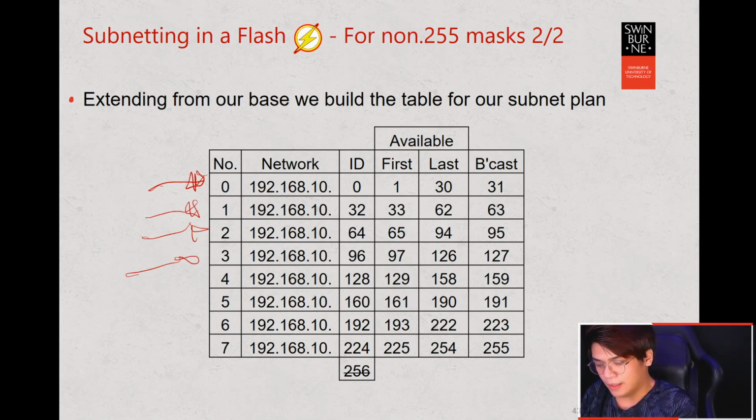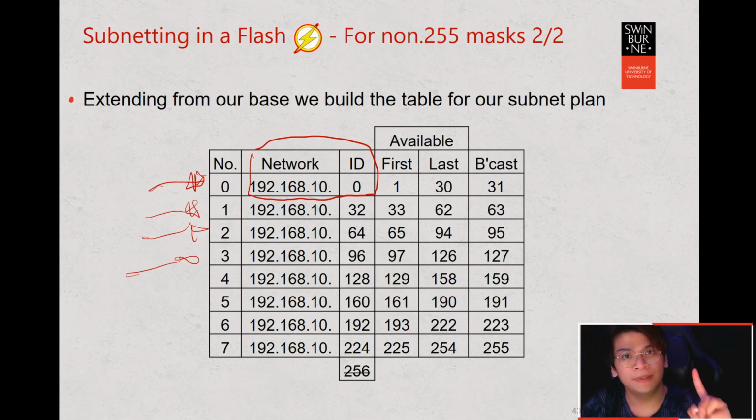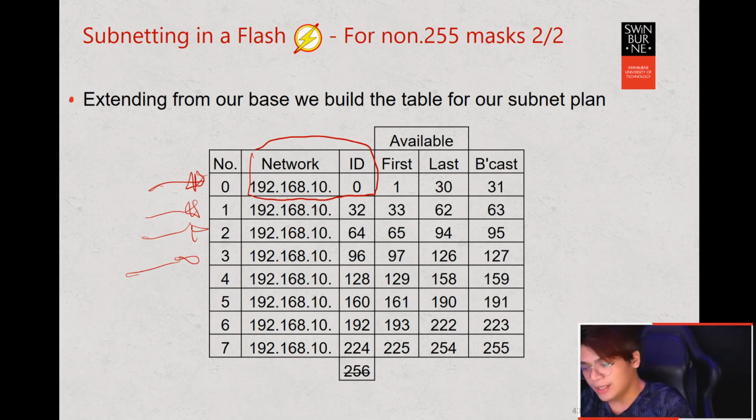Alright, your network ID 192.168.10.0. Your first usable host address, the one that you can assign to a router, computer, phone, and so on, is 192.168.10.1.